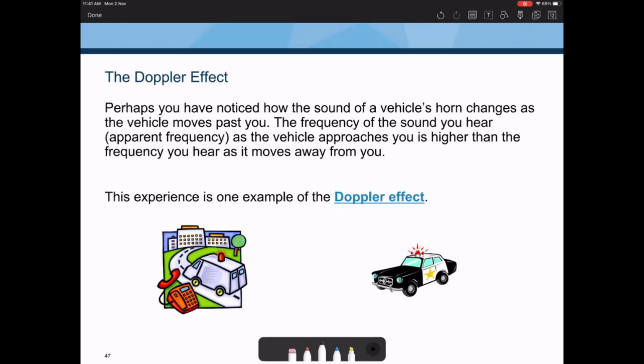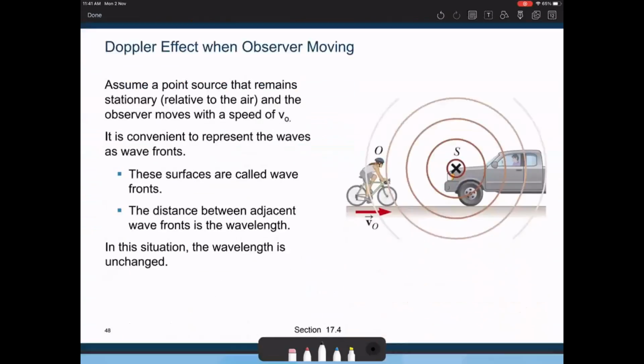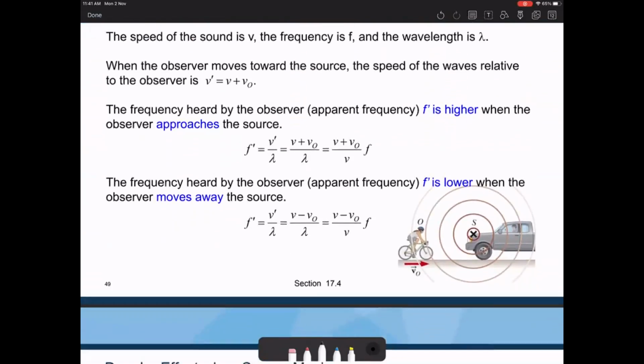Although the sound source is generating the sound at a specific frequency, the apparent frequency detected by the observer has changed. I'm not sure if this video link actually shows anything. Maybe not. So the idea actually has been shown quite clearly in the video last time.